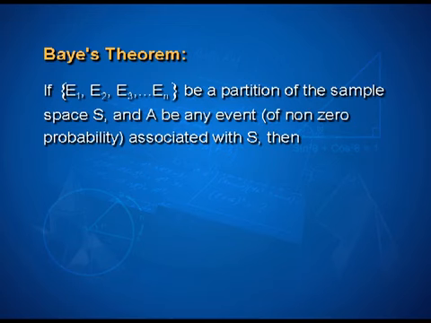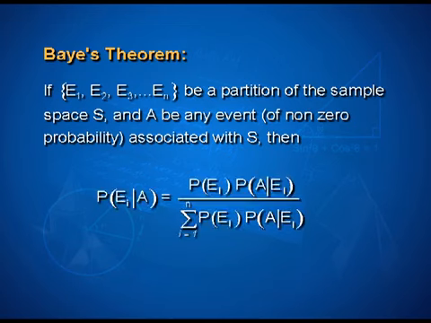Then the probability of Ei given that A has happened, so, what is the probability of bag X given that a red ball was taken out, is the same as probability of Ei into probability of A given that Ei has happened, divided by the summation of probability of Ei into probability of A given that Ei has happened, summation running from 1 to n. And this is true for any i taking values from 1, 2, 3 up to n.